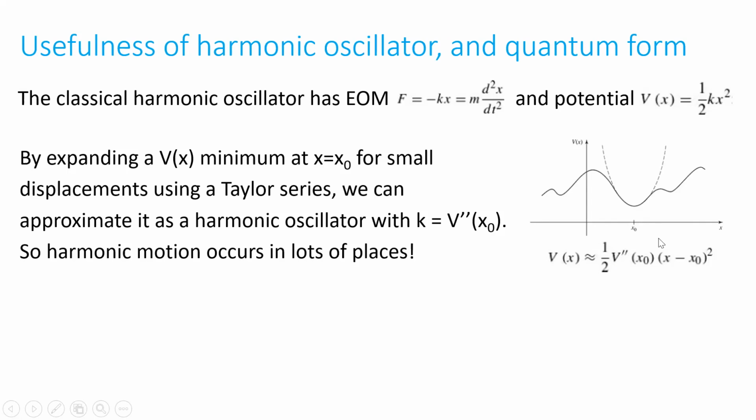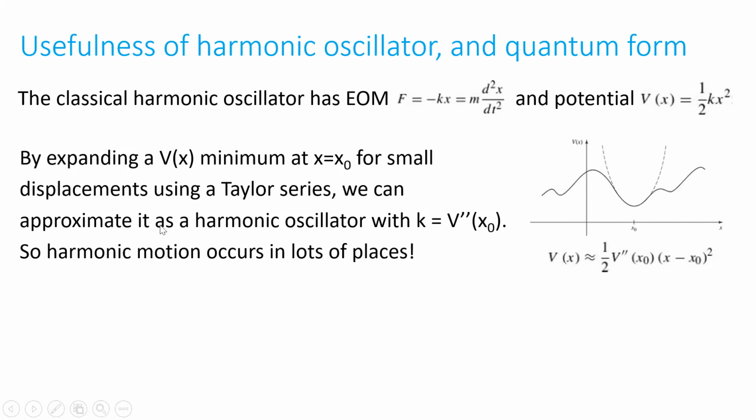There are other terms in (x minus x naught) cubed, but they're small compared to this one. So you see that this form, 1/2 times this times displacement squared, is the same as the form of the harmonic oscillator. So we have an effective k as the second derivative of V with respect to x evaluated at x naught.